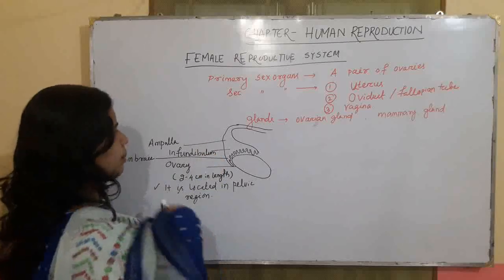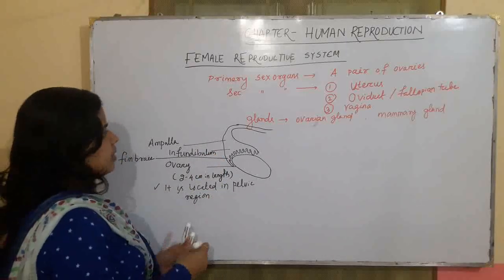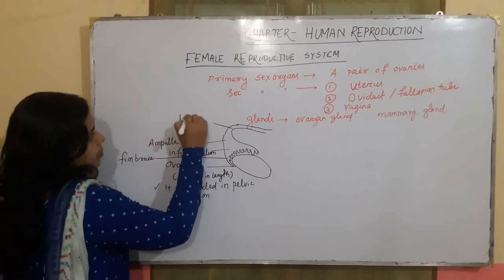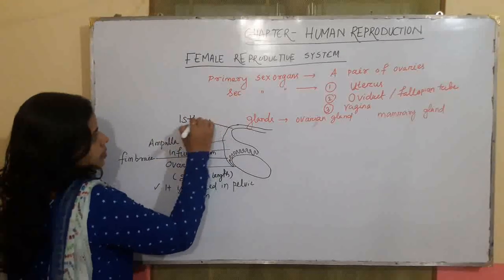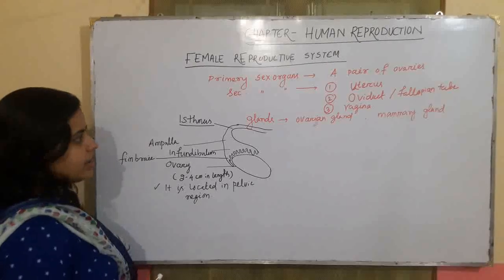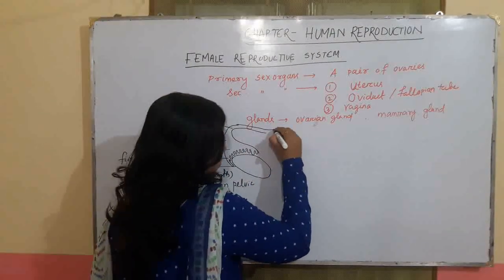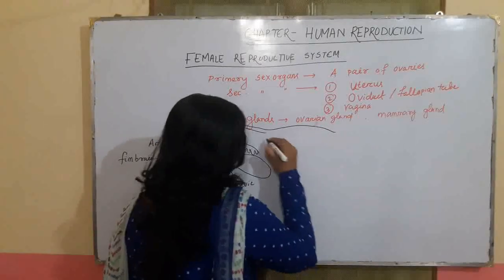After the ampullary region, there is another region called the isthmus, and the entire part continues again in this way.